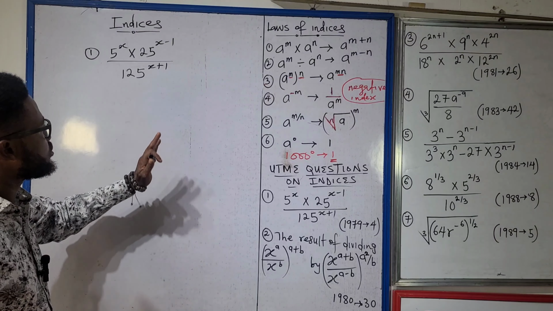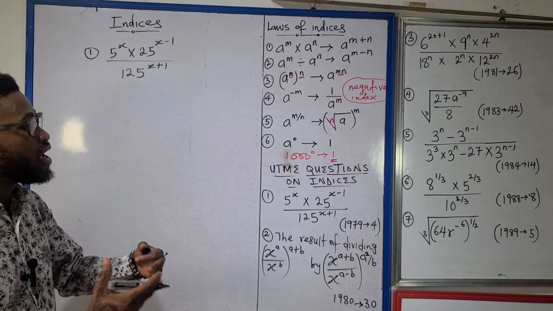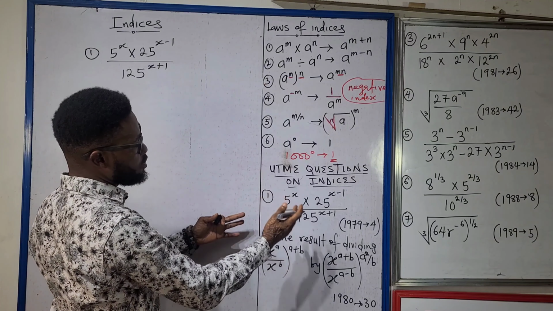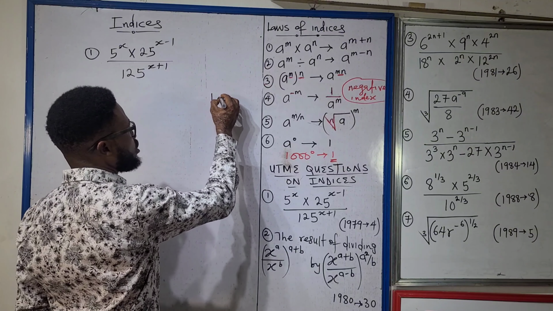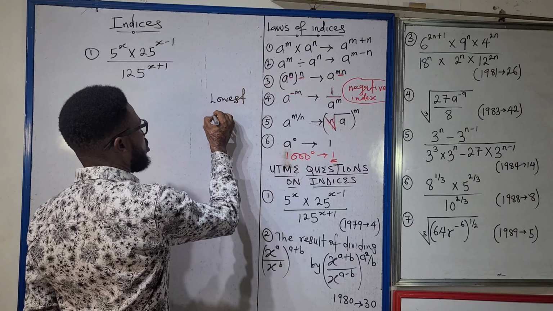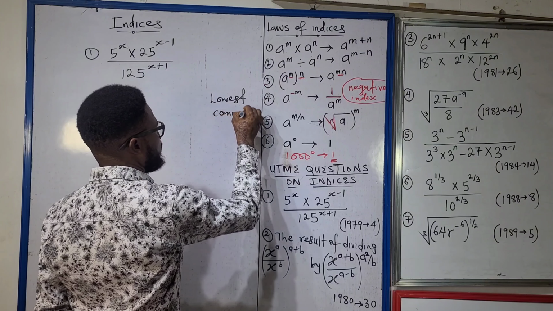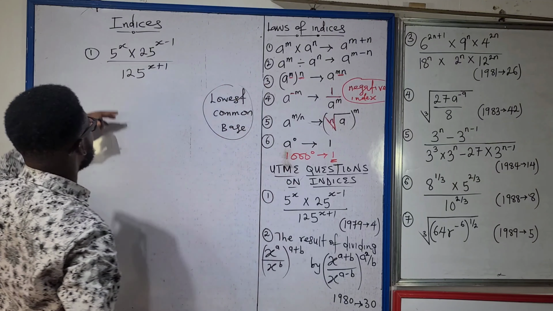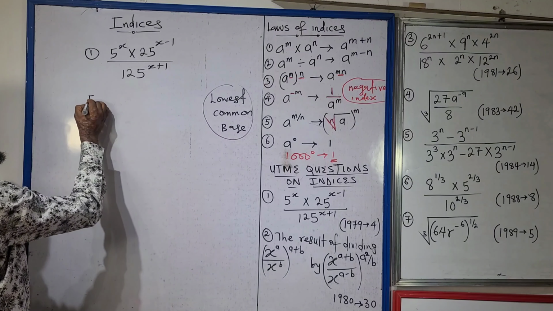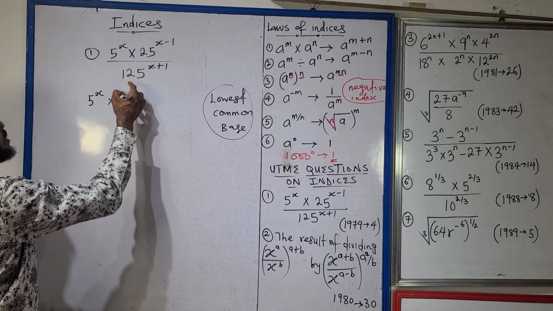Now, there is something I need you to always flow with when it comes to dealing with expressions involving indices. You have to think of what we call lowest common base.